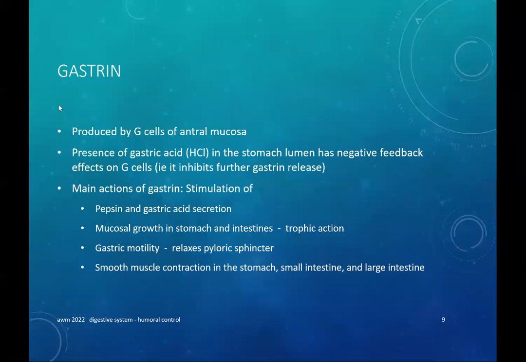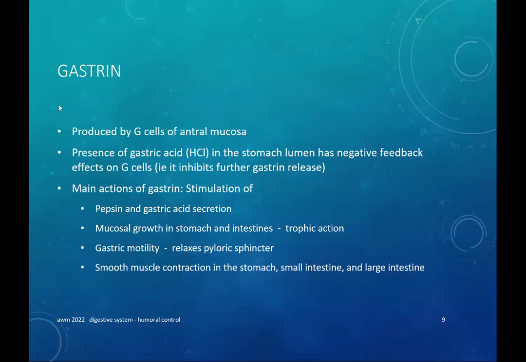Then you have the final one: once gastrin is released from the G cells, it is also involved in contraction of the smooth muscle, not only in the stomach but also in the large intestine. This gives you an example of what I was telling you, that the actions of these peptides are not strictly motility only or secretion only.